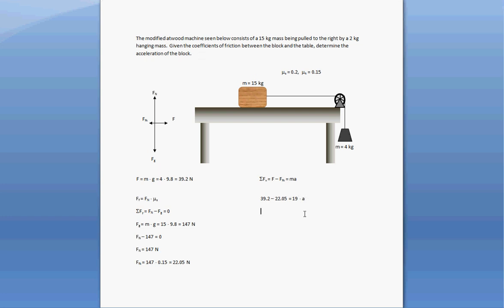So let's see, 39.2 minus 22.05 is 17.15 newtons. That's going to equal 19 times the acceleration. So 17.15 divided by 19, and the acceleration of that block is 0.903 meters per second squared.